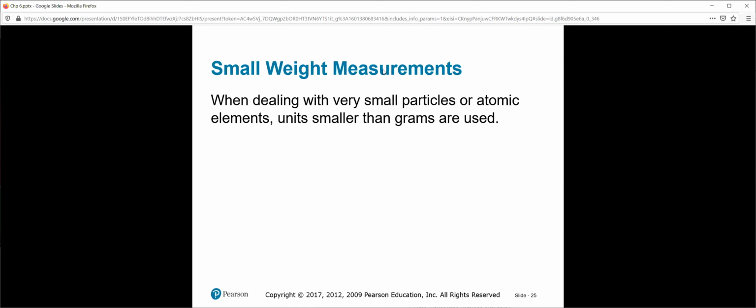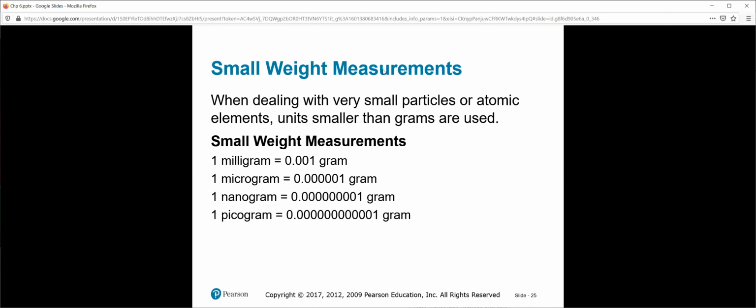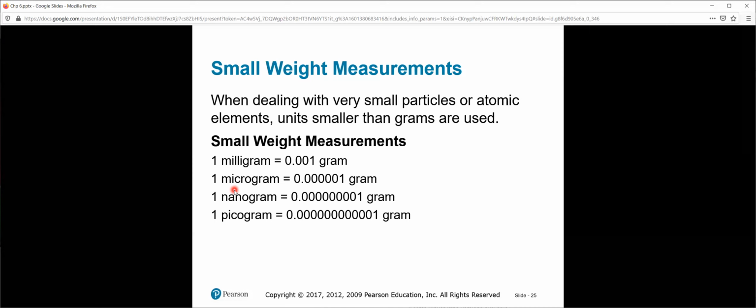For small weight measurements, dealing with very small particles, atomic elements, units smaller than grams are used. Micrograms, nanograms, picograms. You're only going to see this in chemistry, and for the vast majority of people you're not really going to care about it. But these prefixes, pico, nano, micro, are all applicable to every single metric unit.